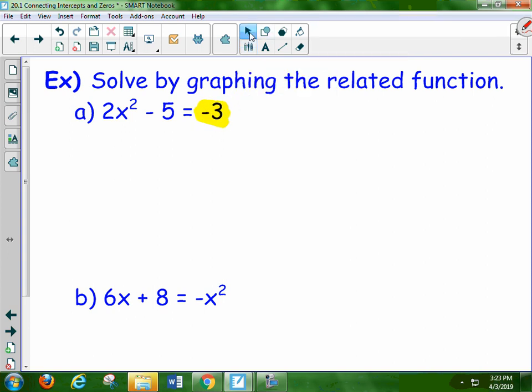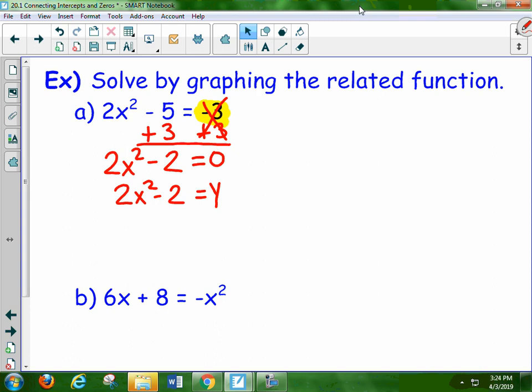So that means I want to move it to the other side. And if I'm going to move it to the other side, that means I'm just adding 3 to both sides. This negative 3 and positive 3 is going to cancel each other out and gives me 0. And then negative 5 plus 3 is negative 2. And 2x squared minus 2 equals 0. Now that I have it equal to 0, we can replace this 0 with a y.